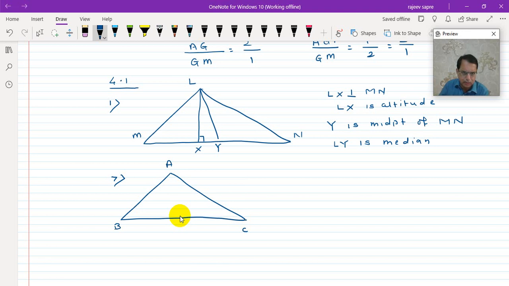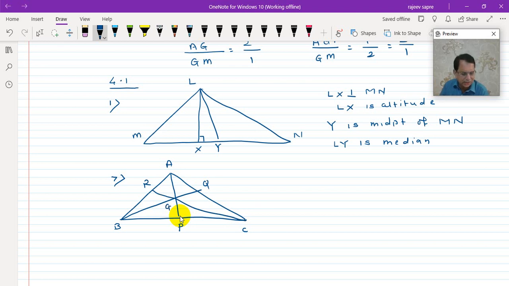Suppose this is one median AP, with point P, then this is BQ. It doesn't look like a midpoint, but okay, we will assume. And then this is CR.